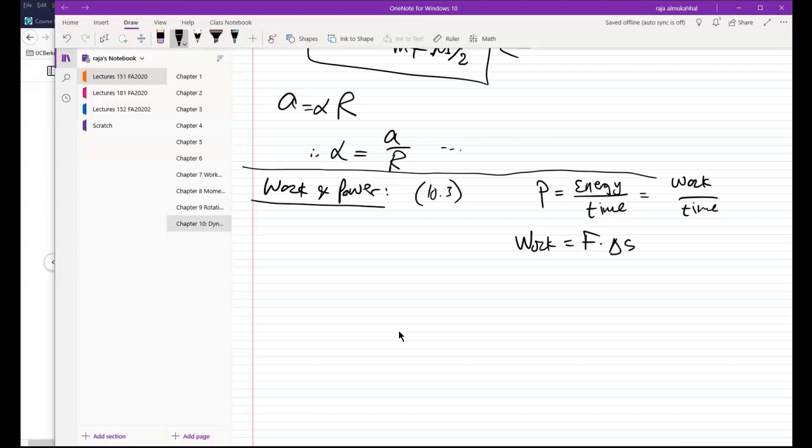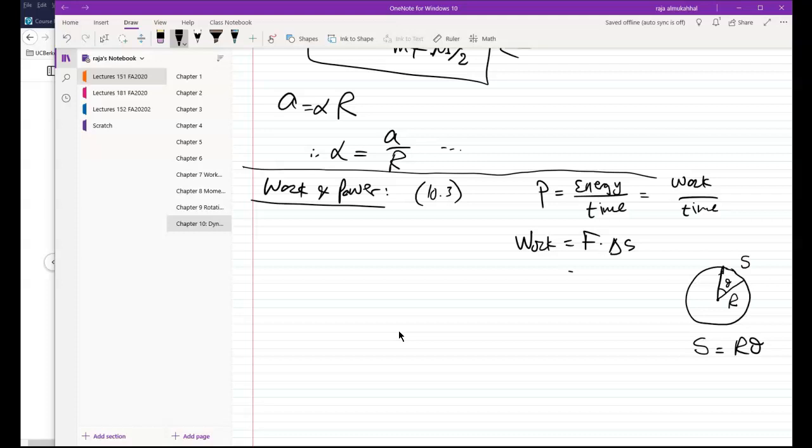Okay? And then we know from geometry, if I have a circle of radius r and angle theta, that's arc length. So arc length s is equal to r theta, correct?